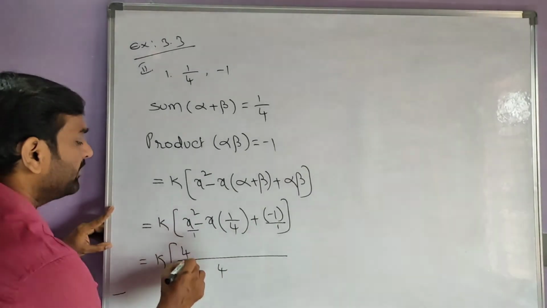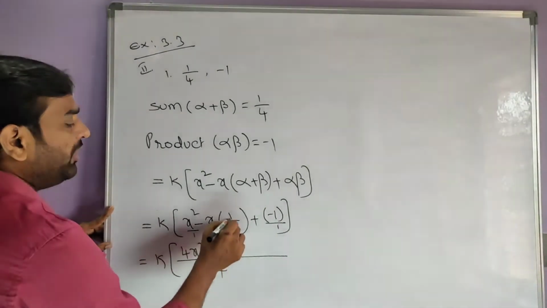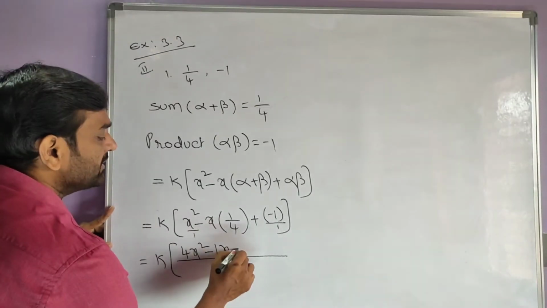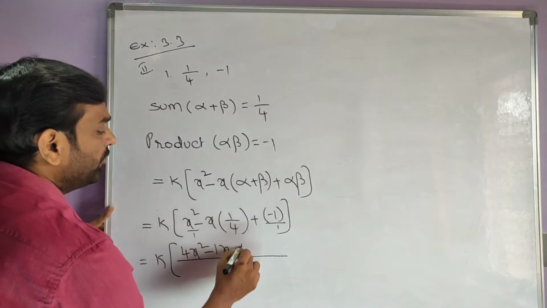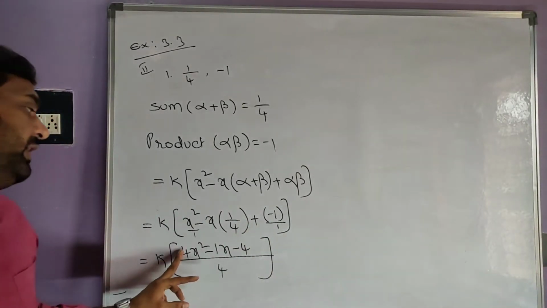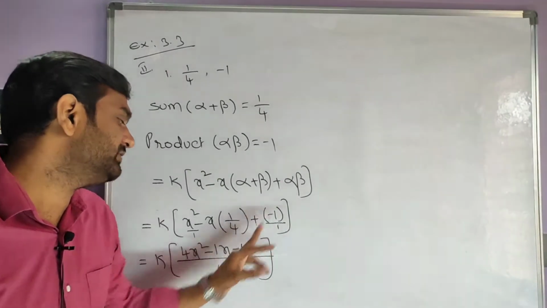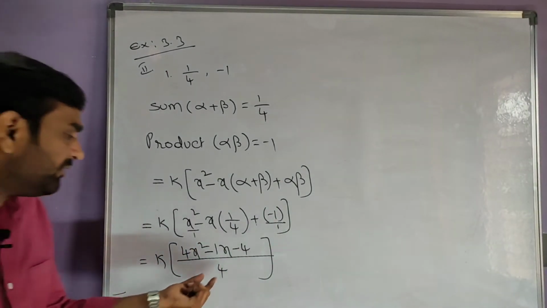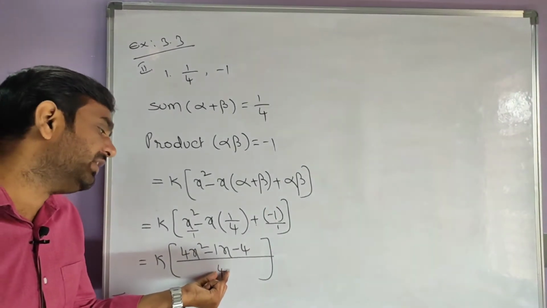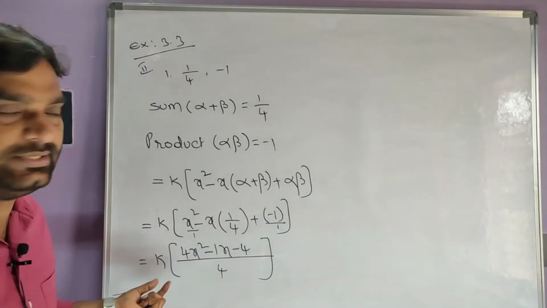4 into x square, 4x square minus 1x plus 4 into minus 1, minus 4. Whatever we got in the denominator here, 4, so take k value as 4. K is a constant.